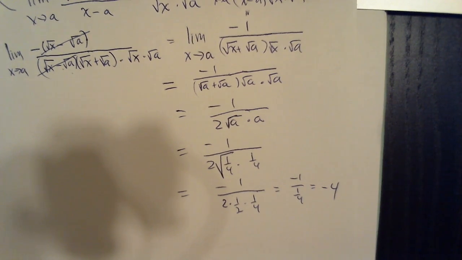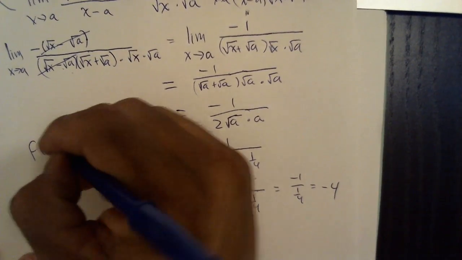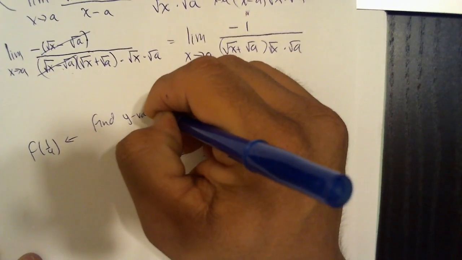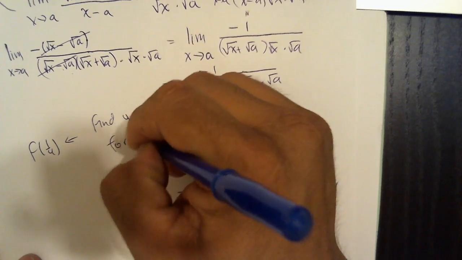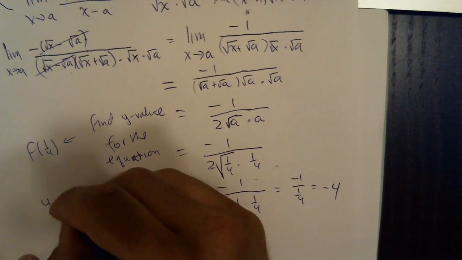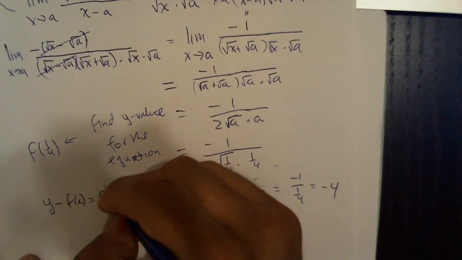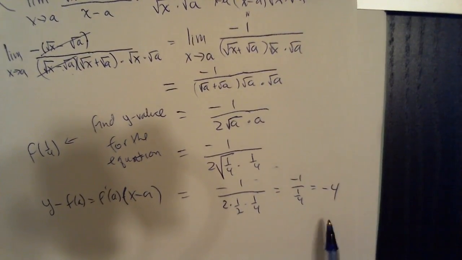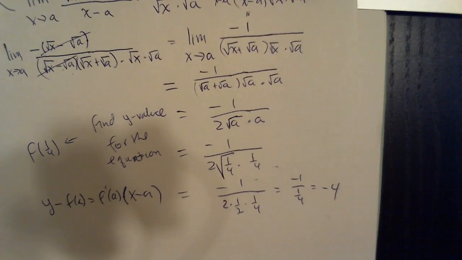To find the equation, you take the 1/4 and find f of 1/4 to get the y value for the equation. We'll know all those values: f prime of a we just found, a is 1/4, and f of a you can plug into your original function to determine. I'll leave that problem as is.